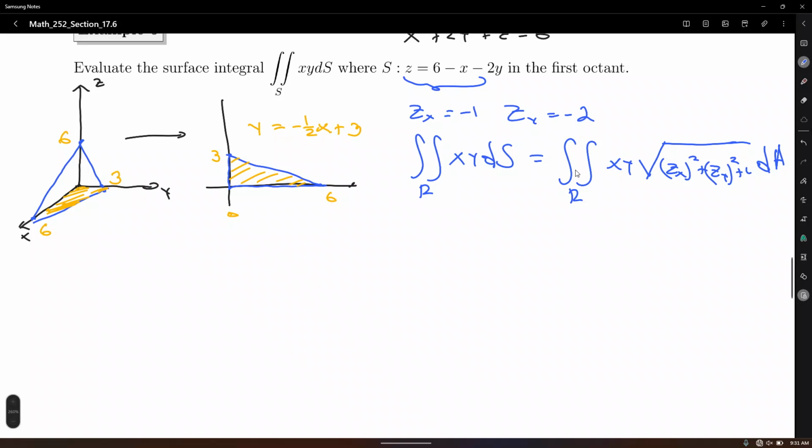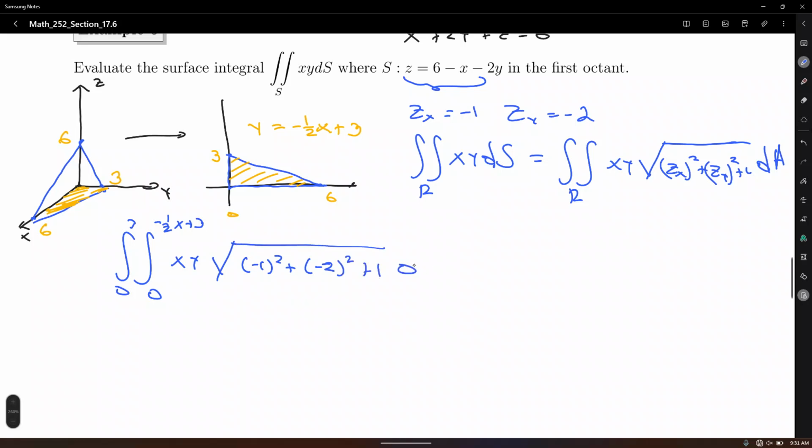All right? Okay, let's set up the double integral. That's the double integral from 0 to negative 1/2 x plus 3, and from 0 to 3, of xy times the square root of negative 1 squared plus negative 2 squared plus 1, dy dx.